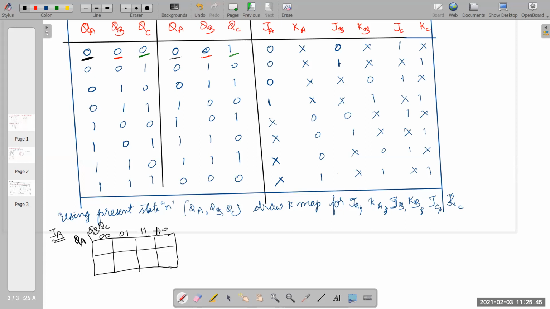Has anyone tried yesterday? I gave a question to you, by swapping these things 0 1 and 1 0. Yesterday I said that you exchange this 0 1 and 1 0, you still get the same answer.